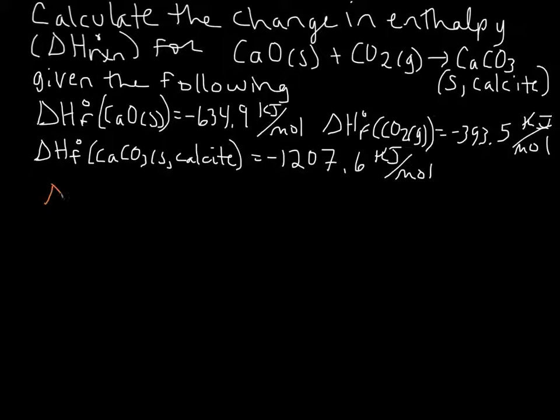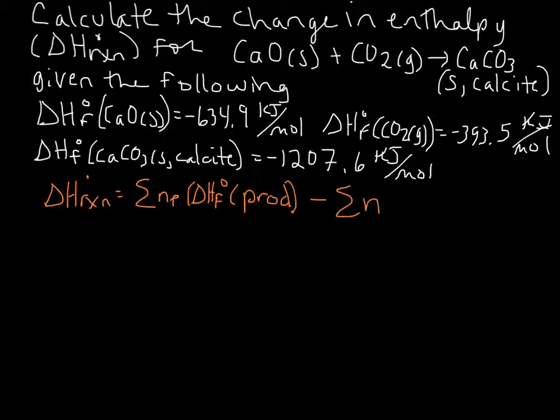And that is delta H reaction is equal to the sum of the moles of each product, multiplied by the delta H F, or the standard enthalpies of formation for the products. We're going to subtract off the sum of the same thing for the reactants.